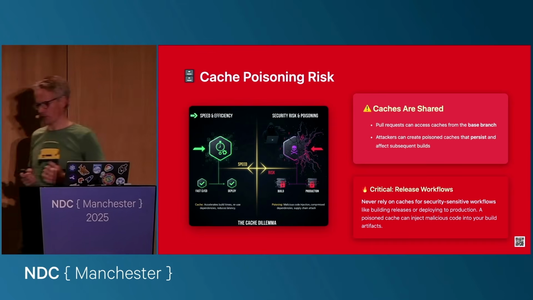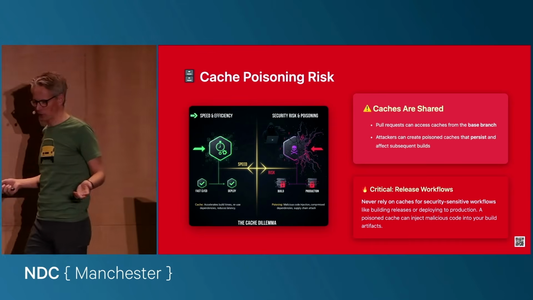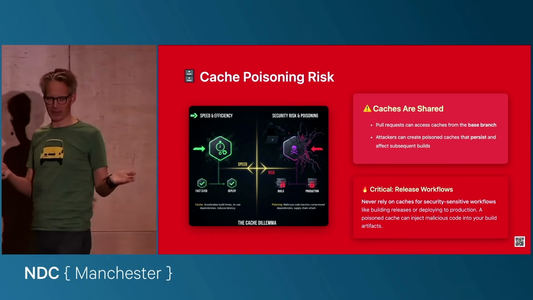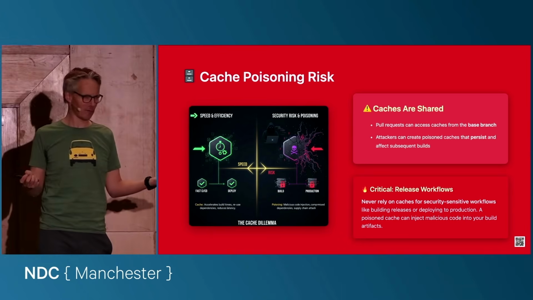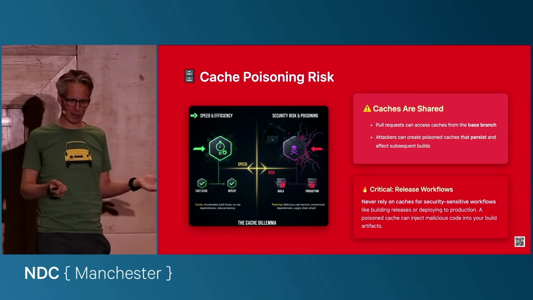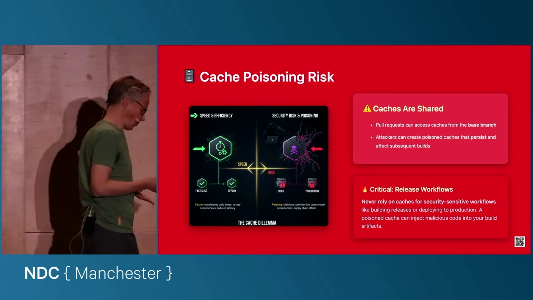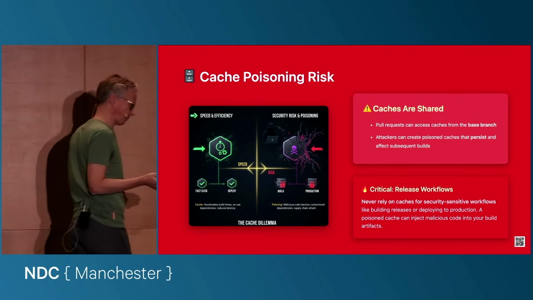Then when we use build systems, it's common that we use caches, because as developers, we want to have fast builds, because we don't like to wait. So that's where we typically use a cache to speed up our builds. Those caches are also a problem because they can be poisoned.